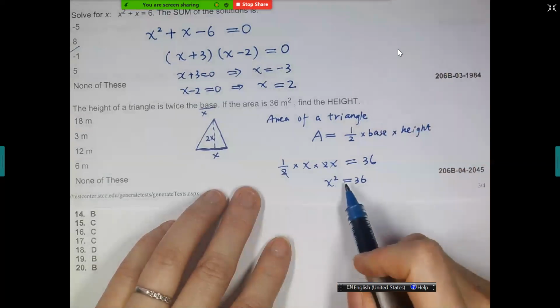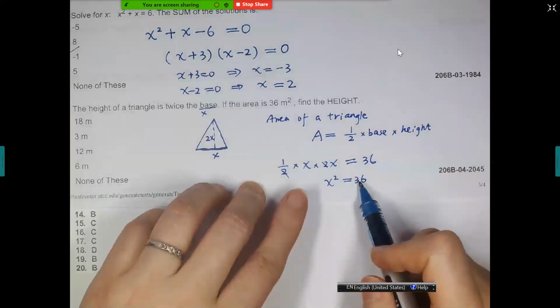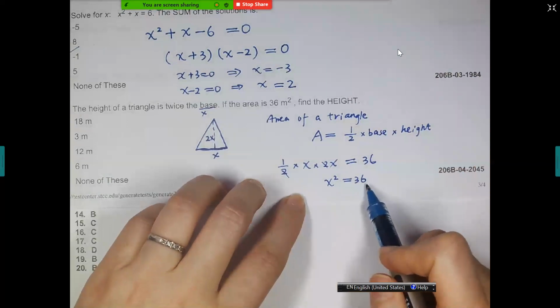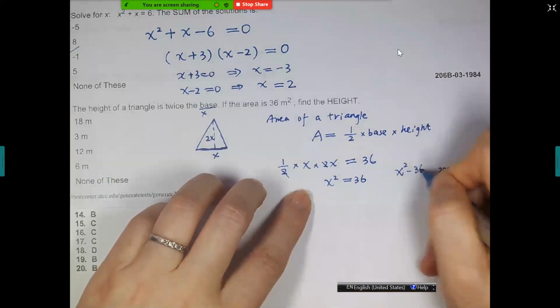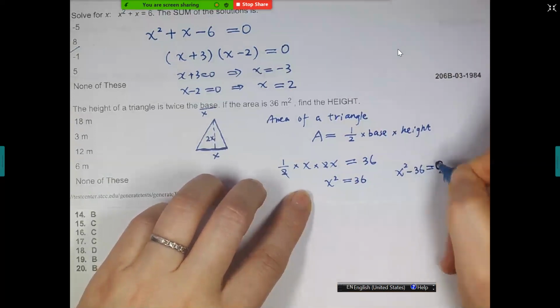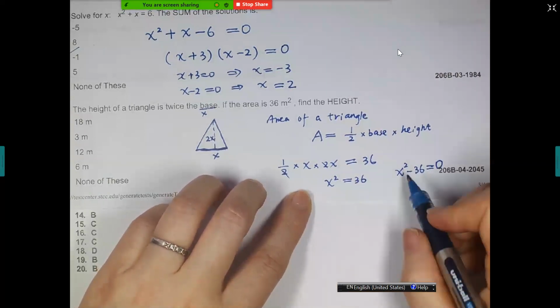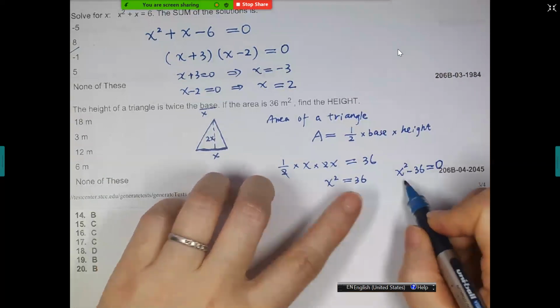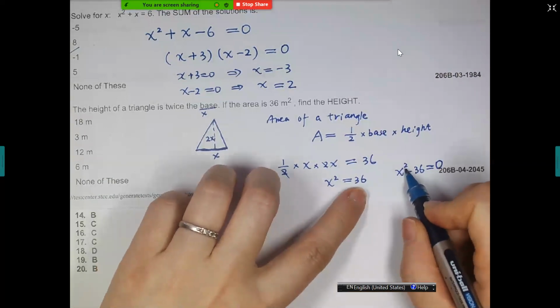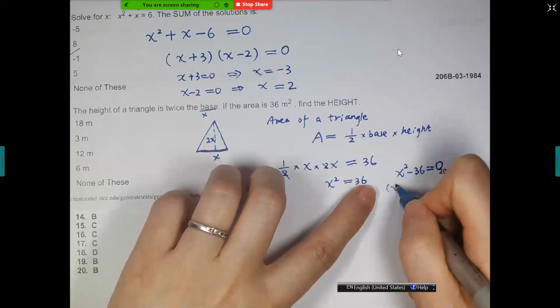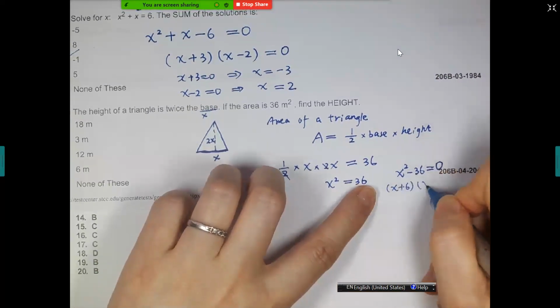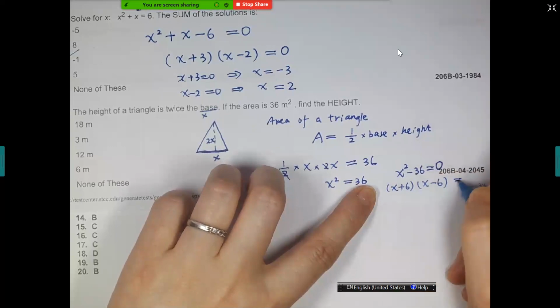To solve any quadratic equation, what do we do first? Turn this into standard form. I get x squared minus 36 equals 0. I want to see 0 first. Then factor the left side. When we factor a square minus a square, 36 is 6 squared. Then we can add the two bases, subtract the two bases, equal 0.